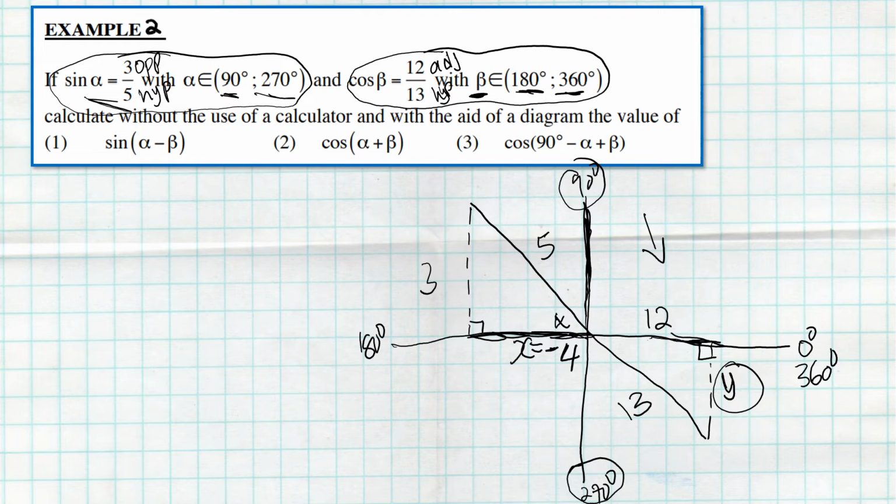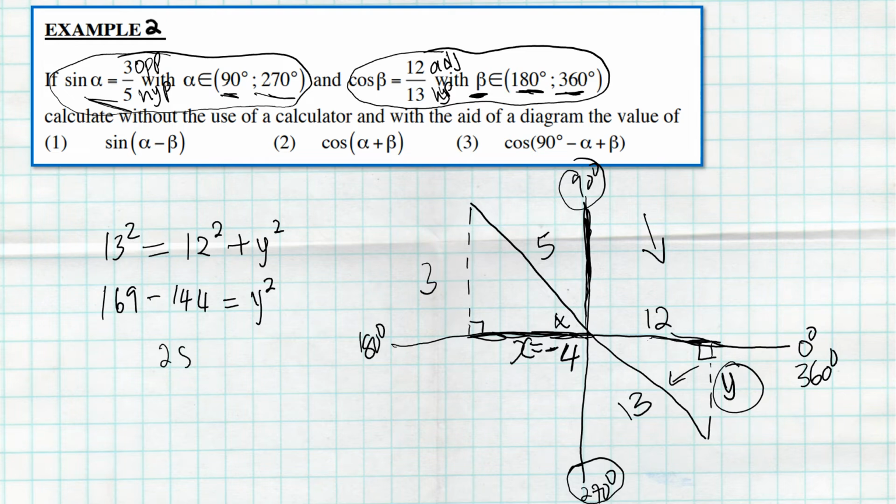Okay, let's determine y on that other triangle. We're going to use the theorem of Pythagoras to say hypotenuse squared, which is 13 squared, is equal to the sum of the other two sides squared, 12 squared plus y squared, right? 13 squared is 169, 12 squared is 144. I take it to the other side to be minus 144, equal to y squared. So 169 minus 144 gives me 25, equal to y squared.